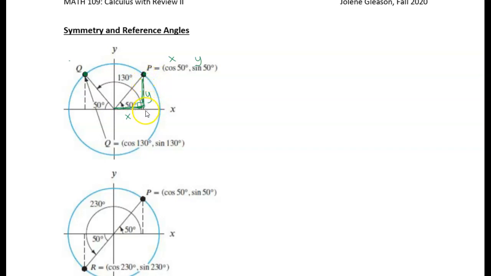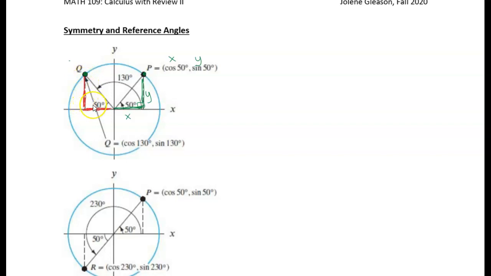Okay, so let's look at 130 degrees. Now, 130 degrees is 50 degrees shy of 180. You can see again this triangle that's formed is a congruent triangle to the triangle that we had at 50 degrees, right?